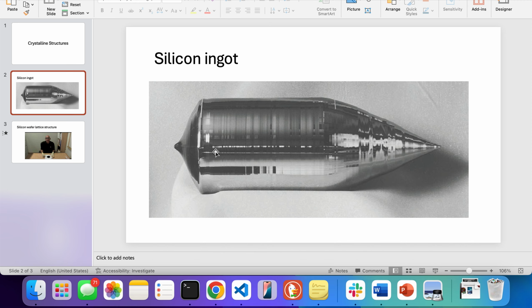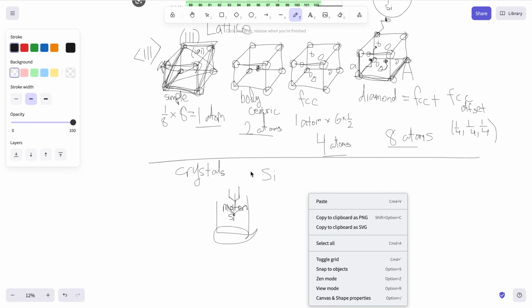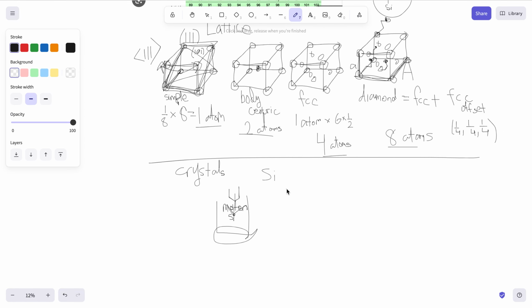And then it's very easily sliced or sawed into silicon wafers because of the very pure properties of silicon, and because its lattice structure is so perfect. And so that's how silicon wafers are created.